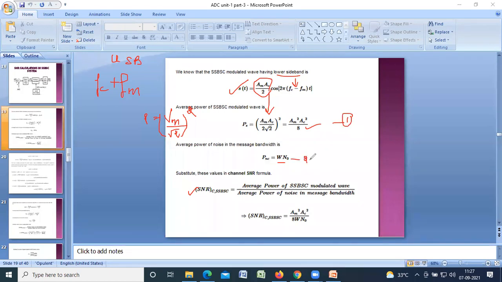Divide equation 1 by 2 to achieve the signal to noise ratio of the channel. Do it fast and verify the result.